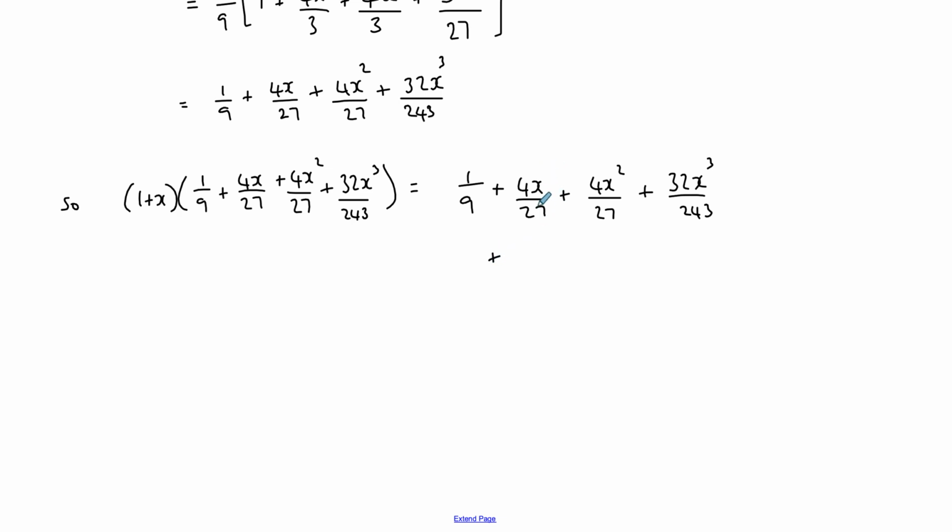I'm going to line it up so the x terms are the same. So x times a 9th is x over 9. 4x over 27 times x is going to be 4x squared over 27. This one's going to become 4x cubed over 27. And I don't need the last term because it's going to be x power 4, and I didn't want x power 4. So we just need to add these terms up.